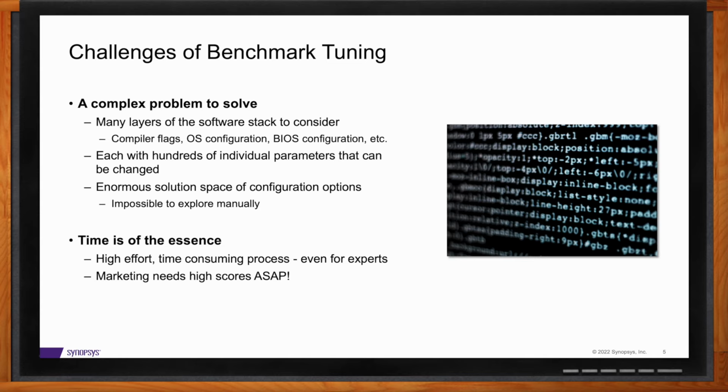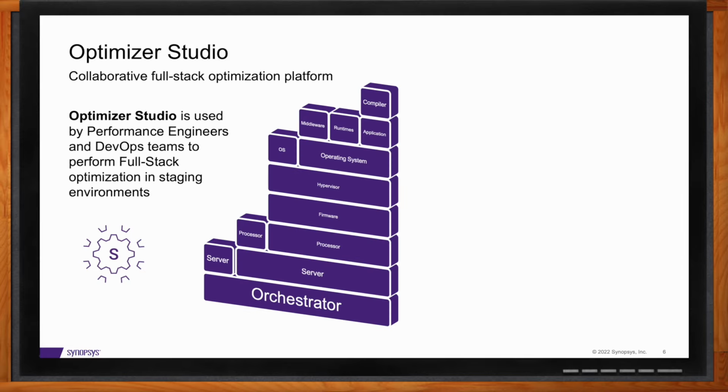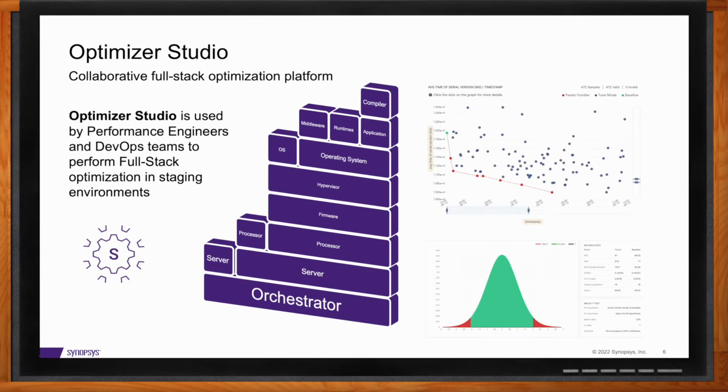Fortunately, yes. It's called Optimizer Studio. It's essentially a full stack optimization platform. The idea is that we're able, through the software, to automate in a smart way, so you're using AI, the process of optimizing a system.